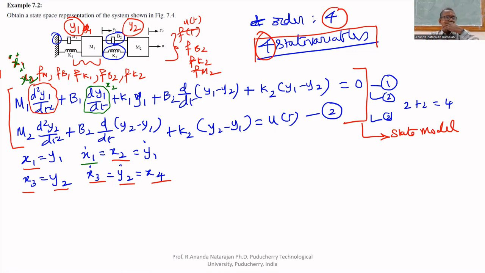Normally we have to assign state variables, not derivatives of state variables. So y1 is x1 and y2 is x3. Then y1 dot minus y2 dot is x1 dot minus x3 dot, that is x2 minus x4.